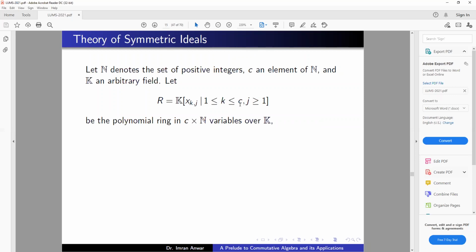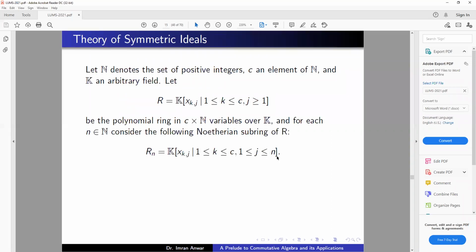The first index is restricted between 1 and c, and the second index is free from 1 onward, so there is no bound on the second index. In other words, this is a polynomial ring in c cross N variables, a ring with infinitely many variables.